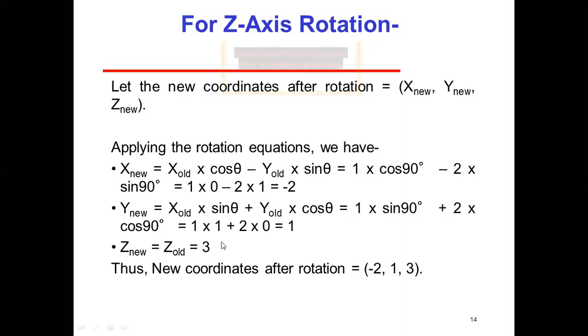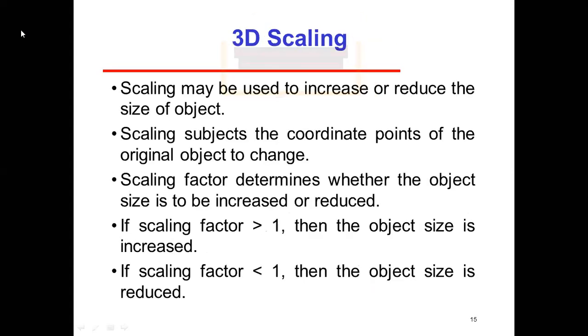You have to remember these equations. Try to learn the equations for x axis rotation, y axis rotation, and z axis rotation, so that you can write them directly, replace the values of the initial coordinates and theta, and then calculate easily. So the new coordinates you are getting here are -2, -1, 3.